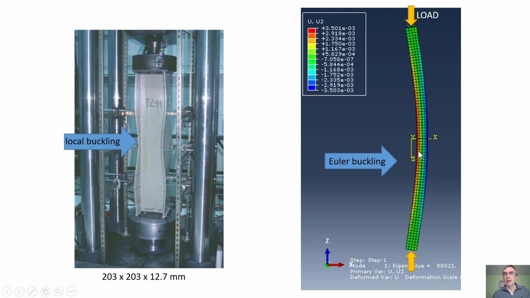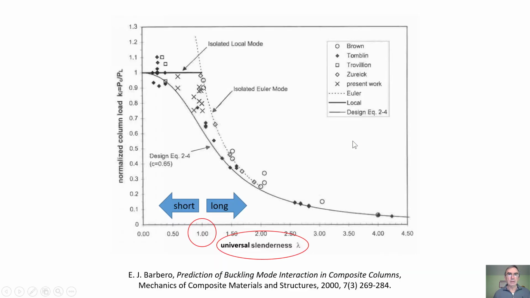And if the column is quite long or slender, then we can also predict the Euler buckling load. But if it is not too long and not too short, then we have problems, and that's what we're going to talk about today.